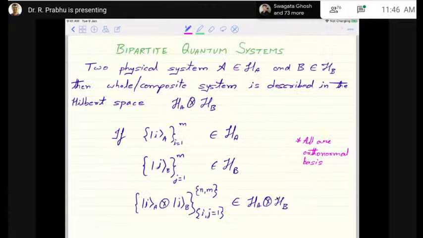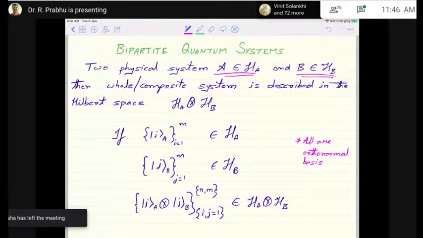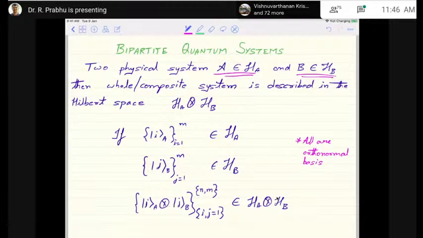So now we are ready to talk about bipartite quantum systems, or 2-qubit quantum systems. Take two physical systems, say A which belongs to Hilbert space HA, and B which belongs to Hilbert space HB. We don't want to address these two physical systems or 2-qubit system as separate qubits, but want to write it as a total system.